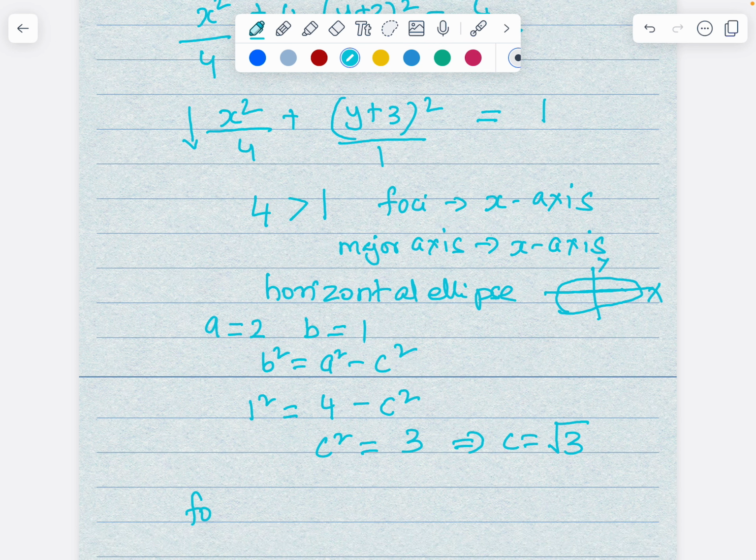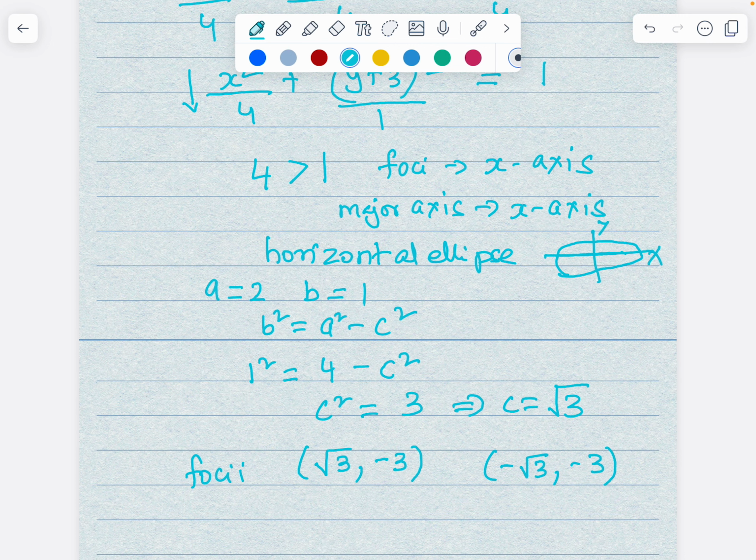So therefore your foci is root 3, minus 3 and minus root 3, minus 3.